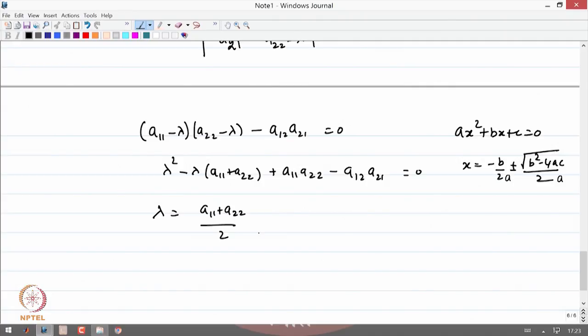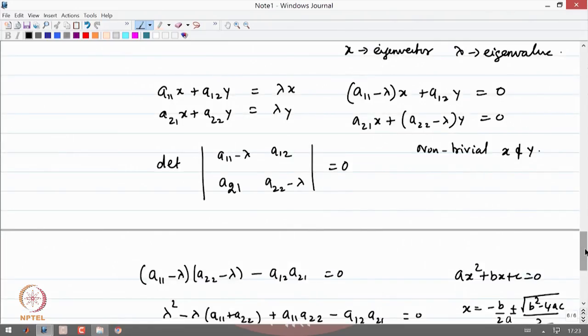Keep that in mind, then you have the solution. Therefore, lambda is A11 plus A22 by 2, plus or minus the square root of A11 plus A22 whole square minus 4 A11 A22 plus 4 A12 A21. These are the two solutions with a plus or minus.